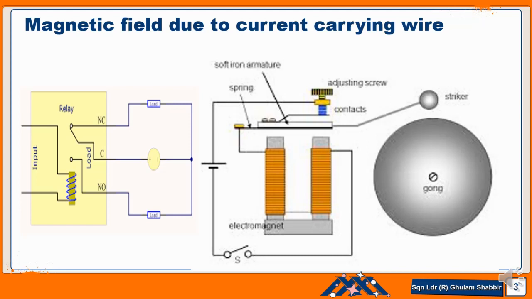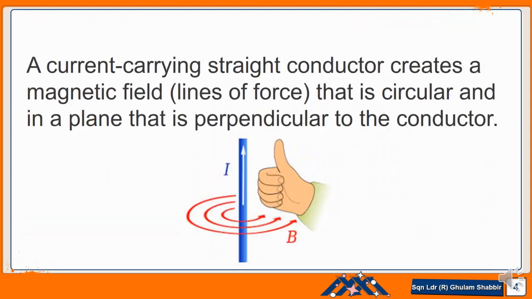So now we will first discuss what is the basic principle of electromagnetism. For the basic principle, we need to discuss the magnetic field due to current carrying wire. A current carrying straight conductor creates magnetic field lines of force that are circular and in a plane that is perpendicular to the conductor.